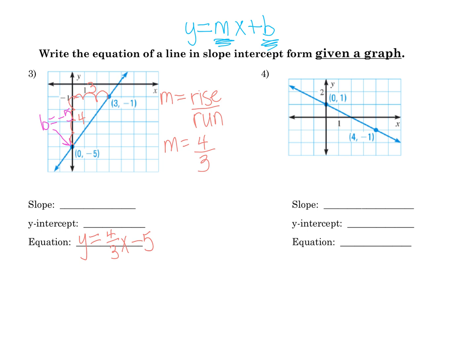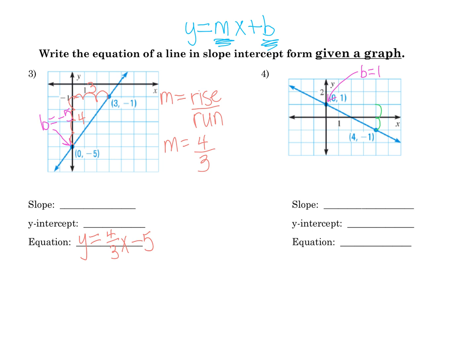All right, let's look at this next one. So for this next one, your y-intercept is again where it crosses the y-axis. So it crosses the y-axis right here at a y value of 1. So your b is equal to 1. Now let's take our lowest point and let's count our rise. So 1, 2, and then we're going to have to go backwards to get to the point (0, 1).